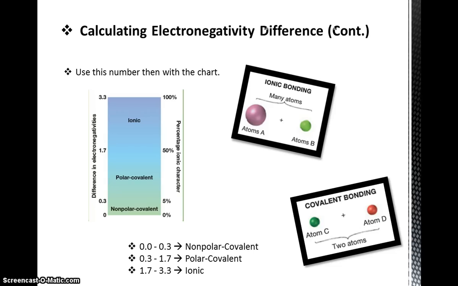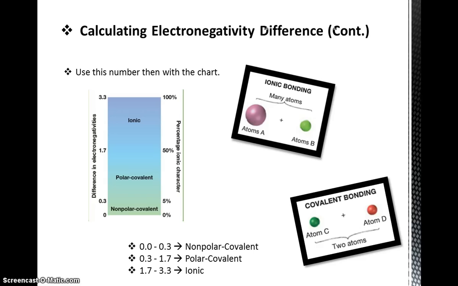So when you subtract these two, if your total is between 0.0 and 0.3, it's going to be a nonpolar covalent bond. If your total is anywhere from 0.3 to 1.7, it's going to be a polar covalent bond.